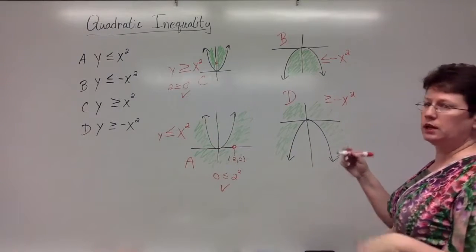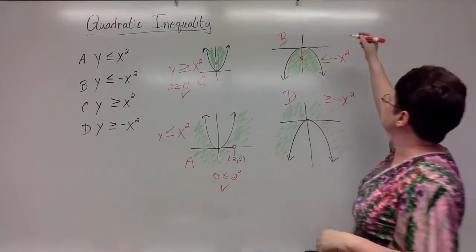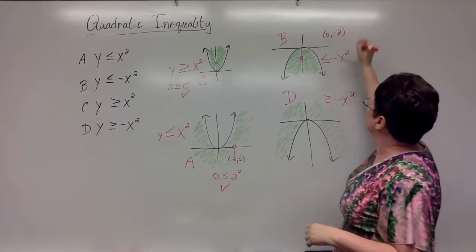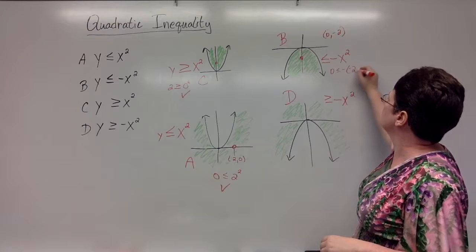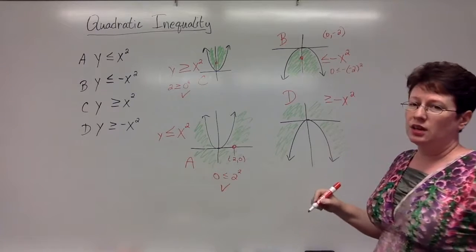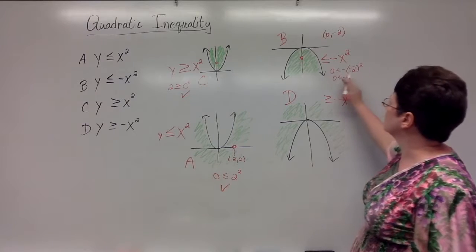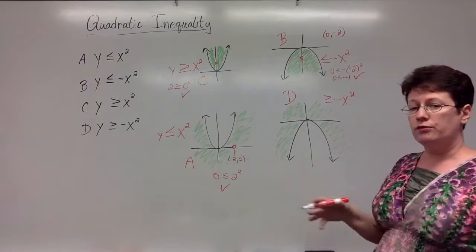Find a point, plug it in. Point in the shaded region, negative 2. So plug it in, I get 0 less than or equal to a negative of negative 2 squared. Negative 2 squared is still positive 4. So is 0 less than or equal to negative 4 because there's a negative out front? Yes, it is. All 4 of them check.